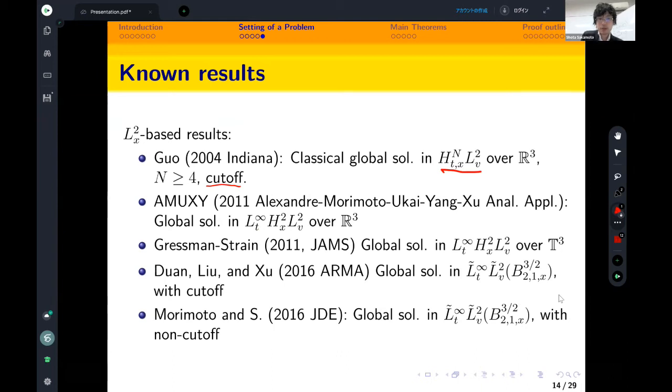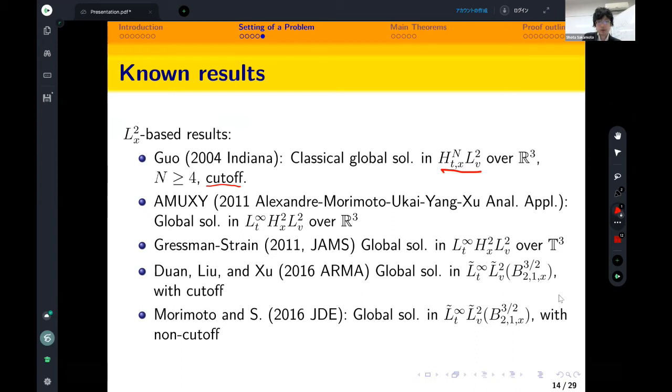But AMUXY is for R3 and Gressman-Strain is for T3. This was the first result establishing a weak solution to the non-cutoff equation near equilibrium.